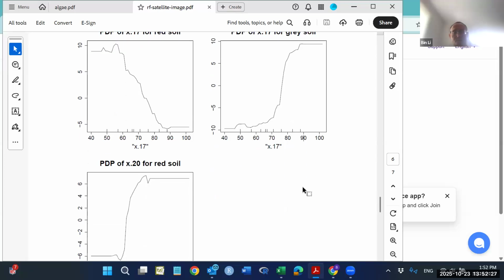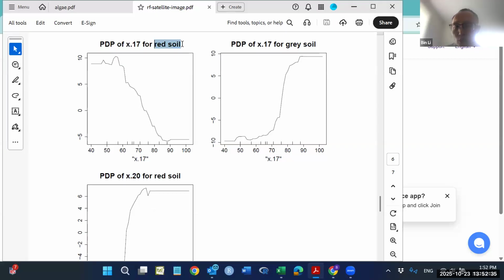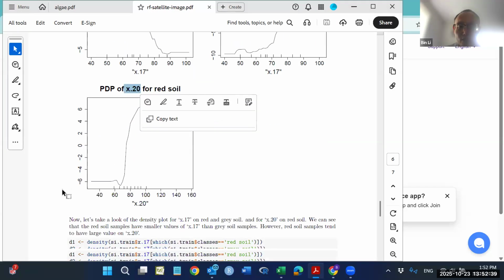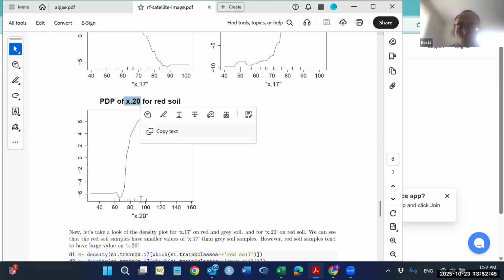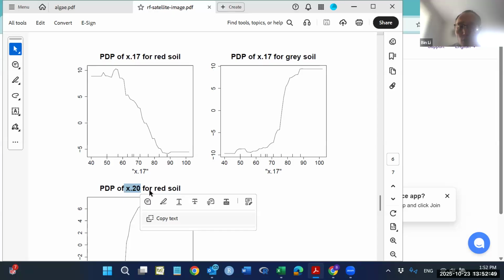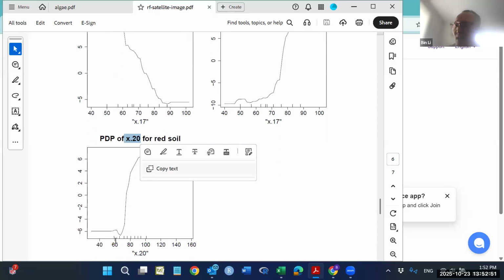Okay, and then I showed another variable, x20. That's also one of the most important variables. But this time I'm still on the red soil. So still red soil, but that's x20. And you can see it also looks different from x17 for the red soil. For x20, when the reading increases, the likelihood of being the red soil actually increases a lot.